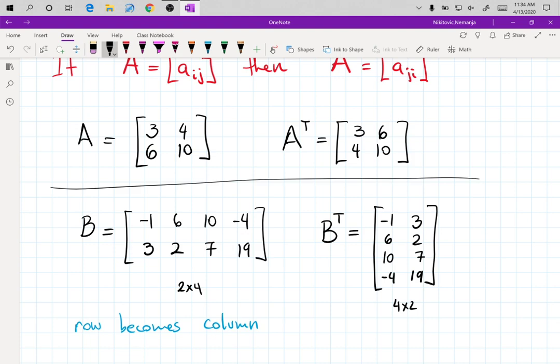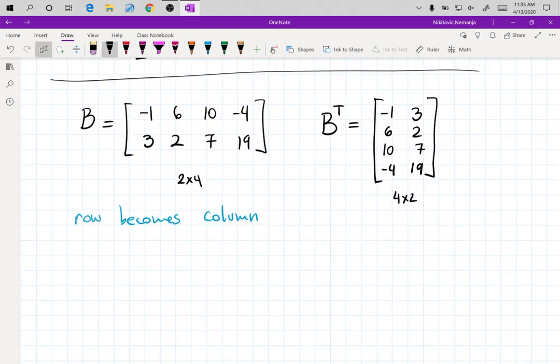So there is no calculation here. This is kind of a formula, but all you do is write the values in different spots, and that takes care of the transpose. There is nothing special going on about that.